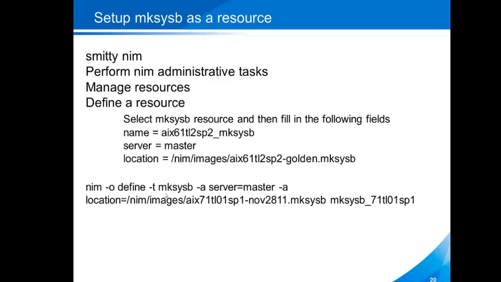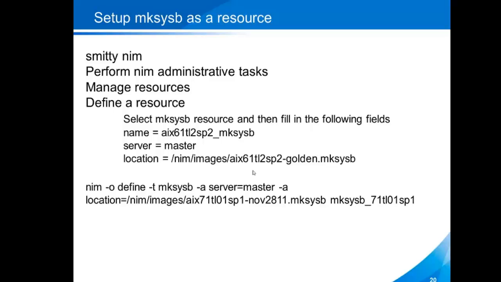So we're defining a type mksysb, we're telling it where to find it, and at the end we're giving it a name. From now on within NIM, when I refer to mksysb_71TL01SP1, or in the example above, the ix61TL2SP2 mksysb, it will always know that it's referring to that specific location.